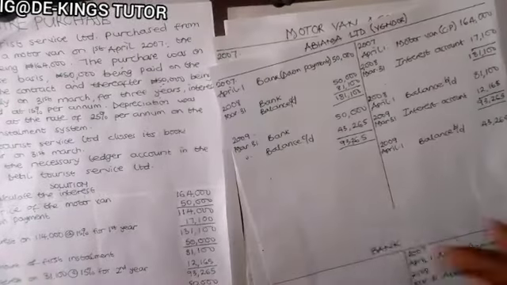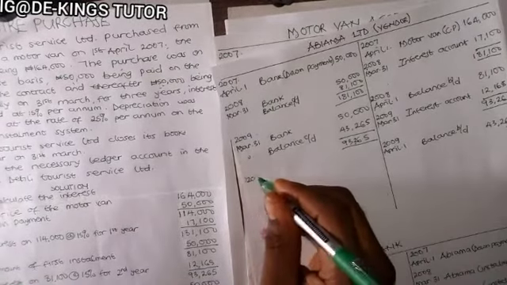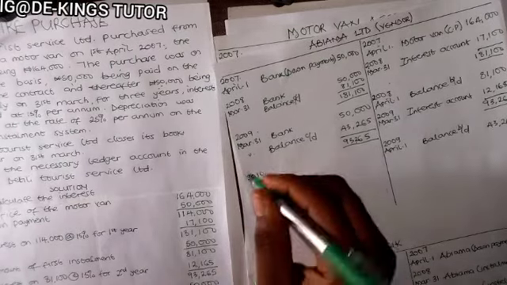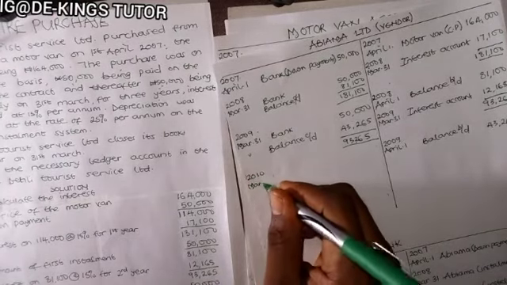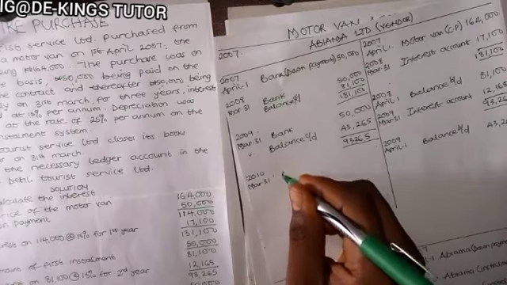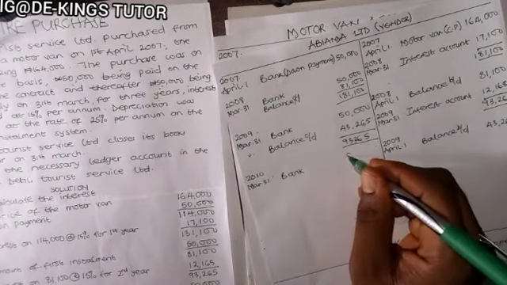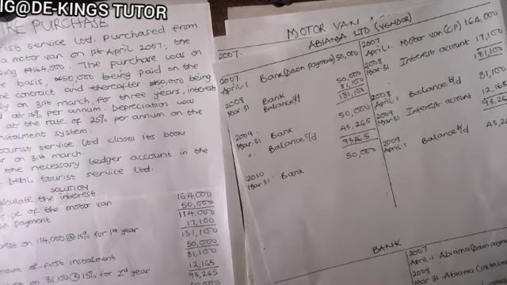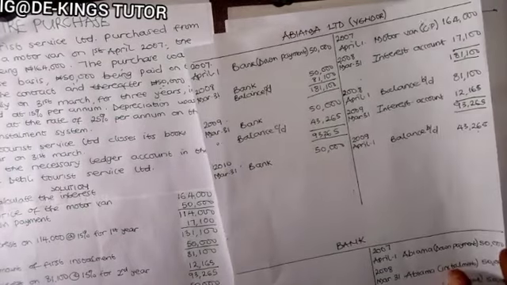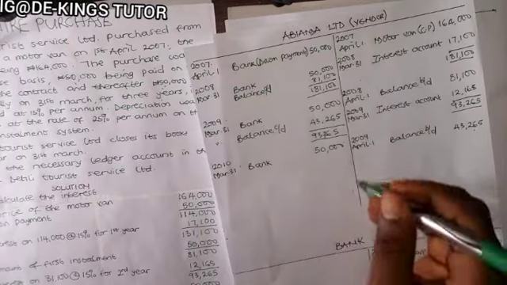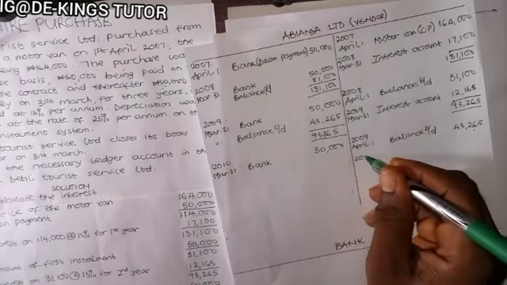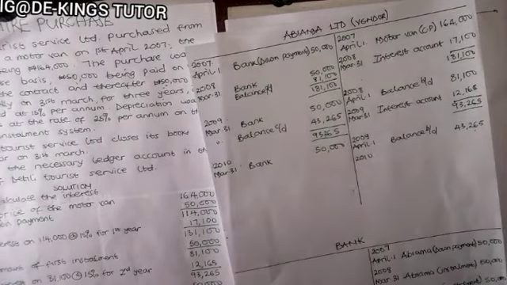So it is coming here at 2010, March 31st. It's receiving from the bank at 50,000.